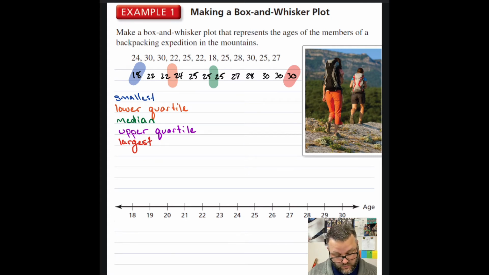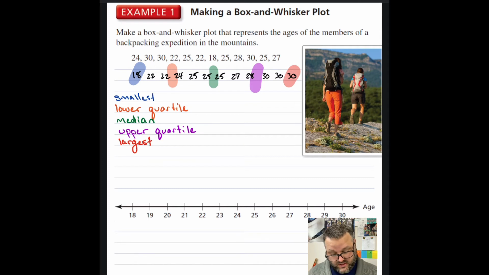Now my upper quartile is in the upper 6. So I'm going to start at the median, look at my upper half, and go halfway in between. Again, there's 6, so if I do 3 and 3, 1, 2, 3, right here that would be between 28 and 30, which happens to be the number 29.